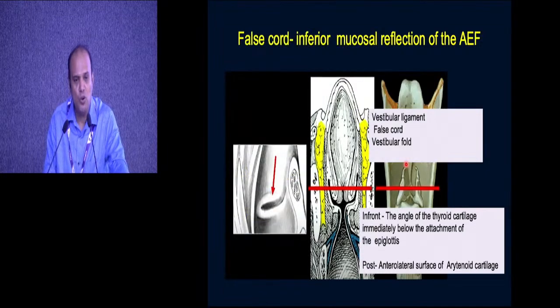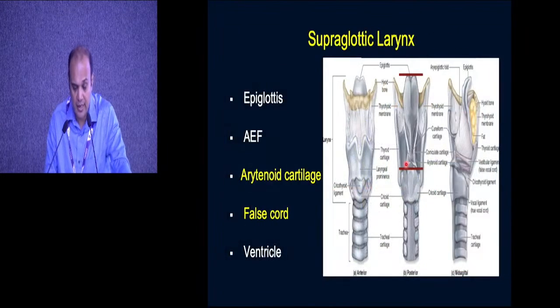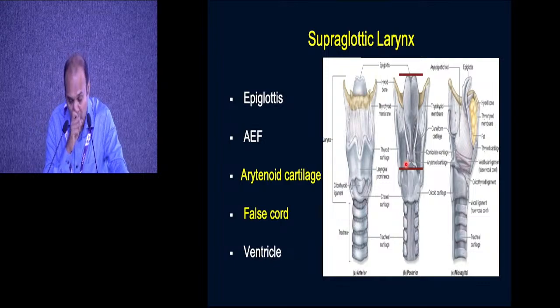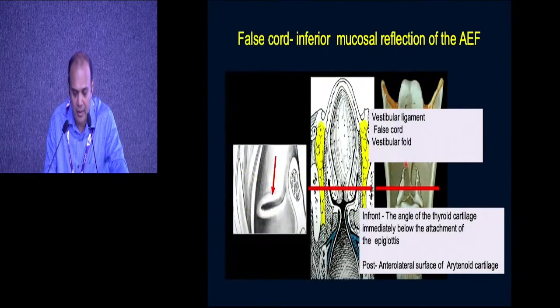I will show you how to look for that in CT scan. And before that, I will discuss the false cord, which is at the level of the arytenoid cartilage. The false cord is nothing but the inferior mucosal reflection of the epiglottic fold. There are different names for that: the vestibular ligament, false cord, vestibular fold.